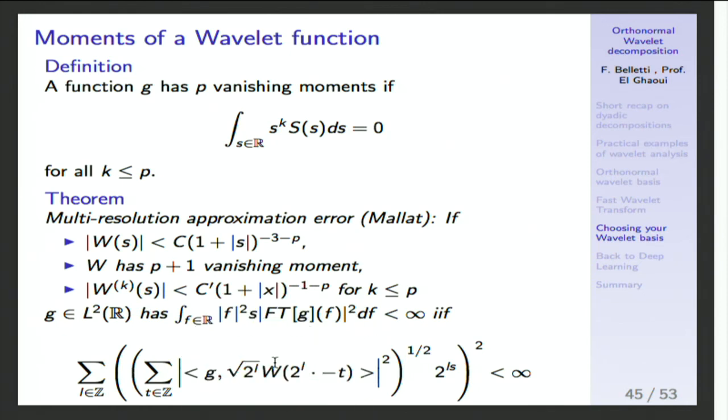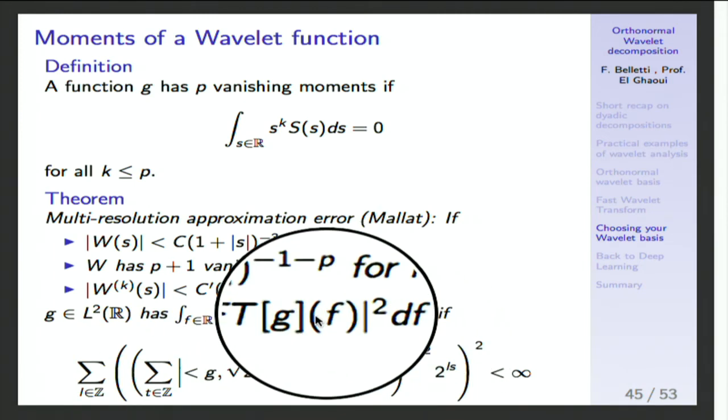Based on this bound, you can quickly derive the speed at which the coefficients of the wavelet transform vanish as you go across scales. And so you need a certain class of functions to be able to characterize this property.